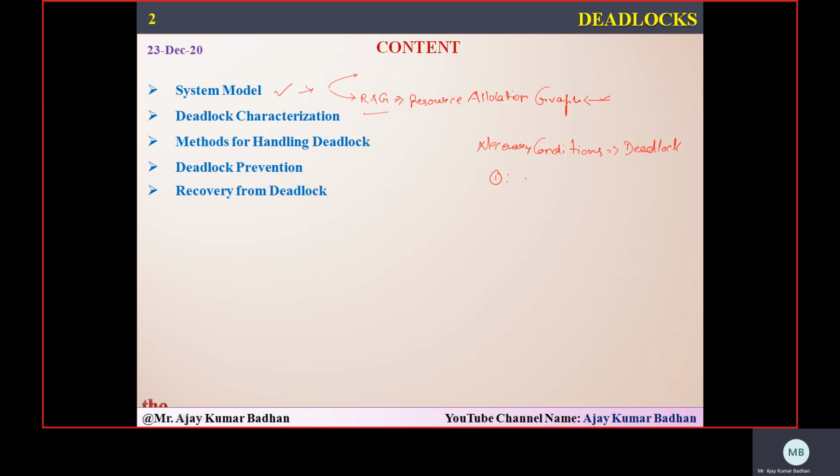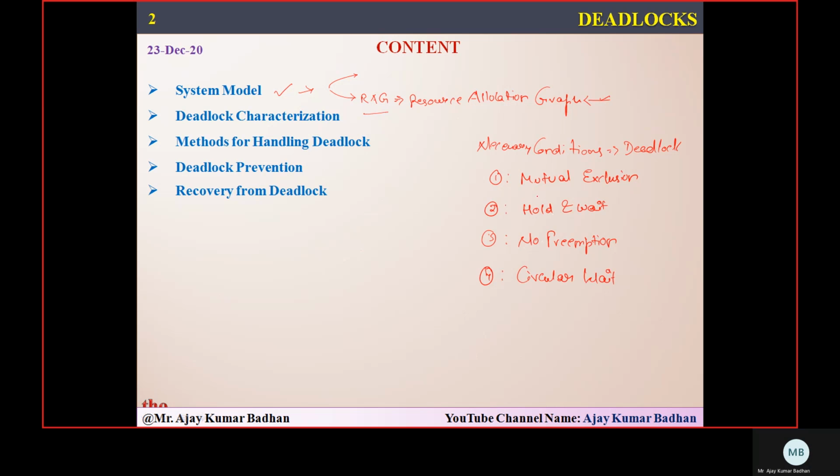First and foremost is mutual exclusion. The next necessary condition is hold and wait. After that we had no preemption. And finally, circular wait.